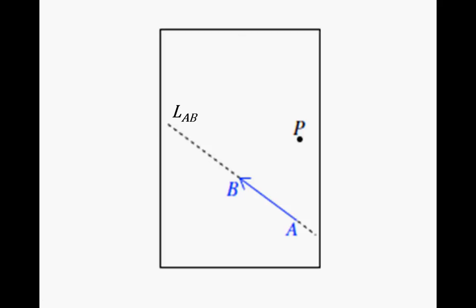Note that the line containing vector AB, this dotted line here that goes through our paper, is denoted as the line containing the vector AB. Okay, so this is a line and it's got a vector AB in it. It is represented by a dotted line segment in the following picture. Note also that we are using a finite rectangle to represent the plane.